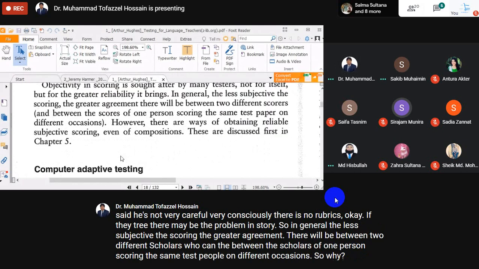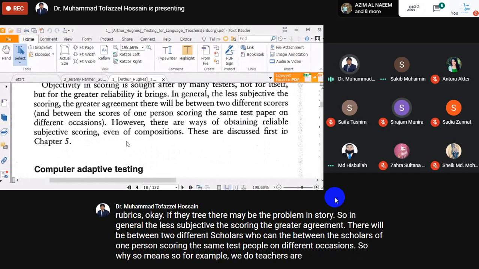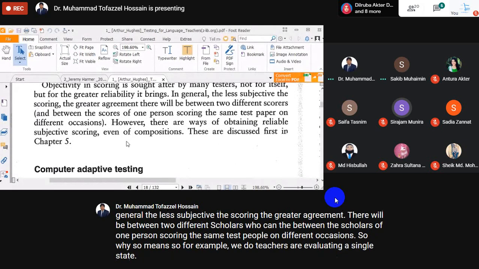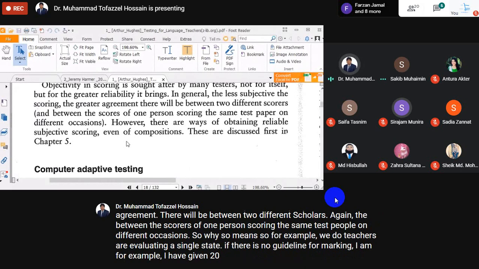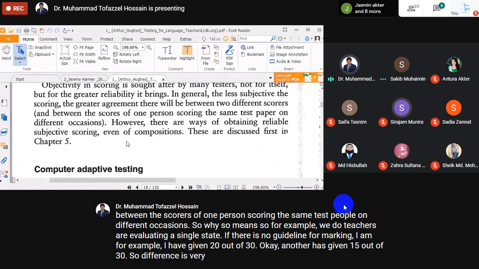So for example, two teachers are evaluating a single script. If there is no guideline for marking, for example, I have given 20 out of 30. Another has given 15 out of 30. So the difference is very high. Or sometimes maybe 12 out of 30, only the pass mark.